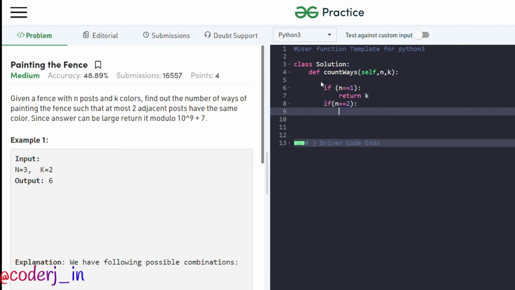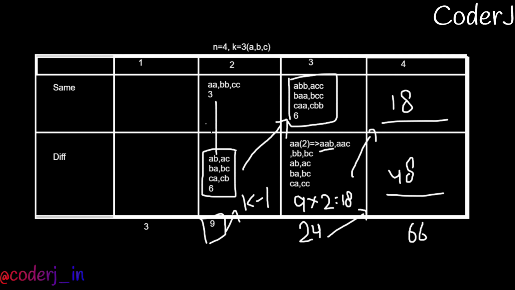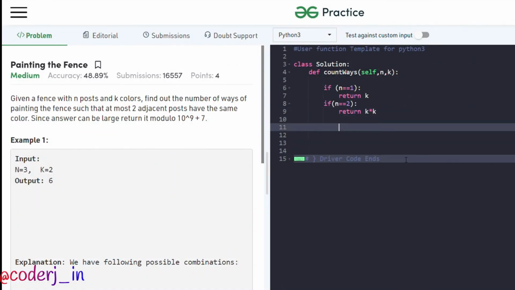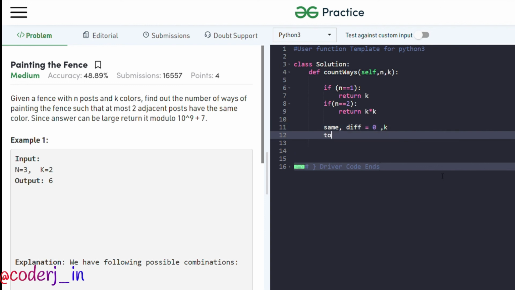The answer will be 9, or you can also say k square, right? Let's use the concept of same and diff. The value of same initially would be 0, the value of diff initially would be k, and the total answer will be 0 initially.